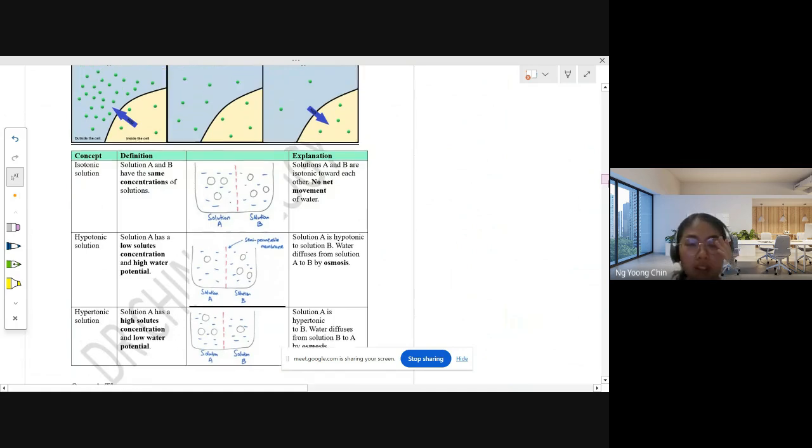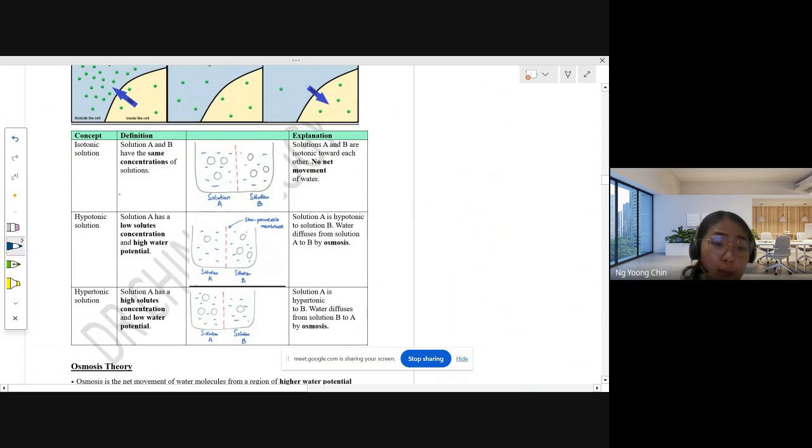And then when you study osmosis, you should be able to classify the solution as isotonic, hypotonic, or hypertonic. So actually, what is meant by hypotonic? Maybe we learn about hypotonic first. Hypotonic means that the solution has a higher water content compared to the solute. So hypotonic means the water molecule content is higher than solute.